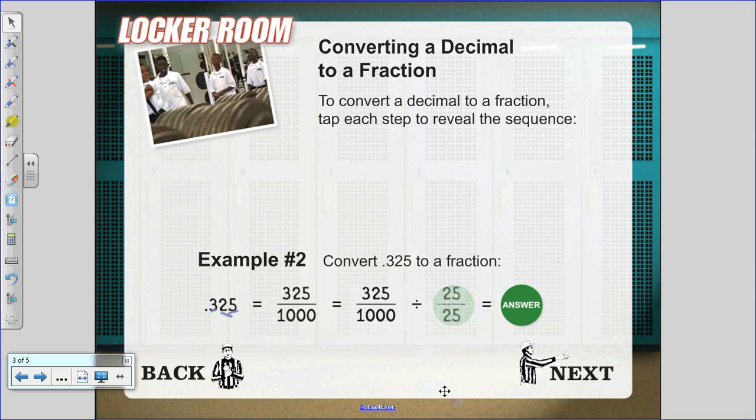Each of these are divisible by 25. 325 divided by 25 is 13, and 1,000 divided by 25 is 40. So my simplified fraction is 13 over 40. So 0.325 is 13 over 40.